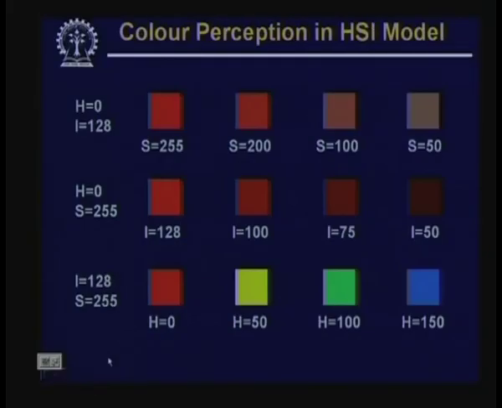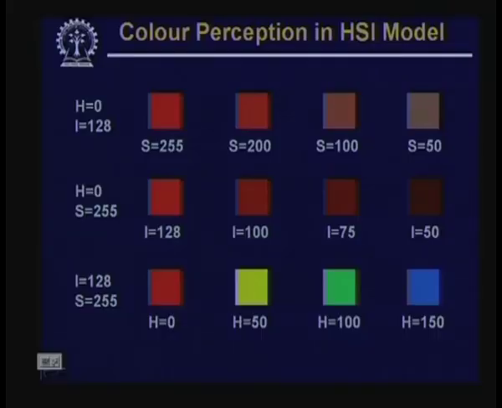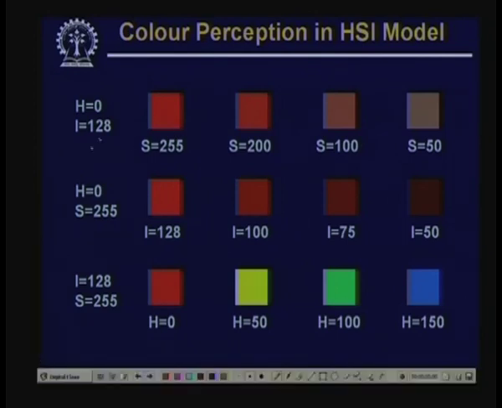So, here in this diagram we have shown the effects of these different components H, S and I on the colors. In the first row you find that the first rectangle is a color for which hue is equal to 0, intensity is equal to 128 and saturation is equal to 255.